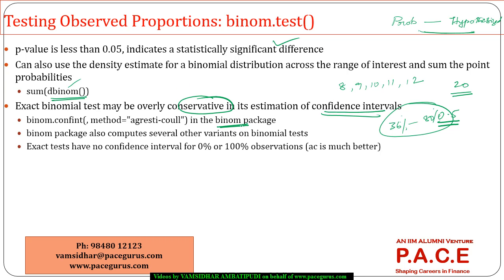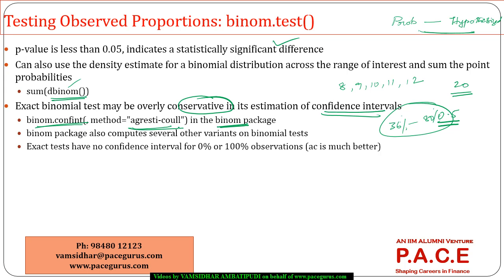The binom package has so many functions, but out of that, the confidence interval function, where it takes the AC method, the Agresti-Coull method, is a different algorithm for computing the confidence interval. Using that method, we can get the confidence interval in a slightly different manner.